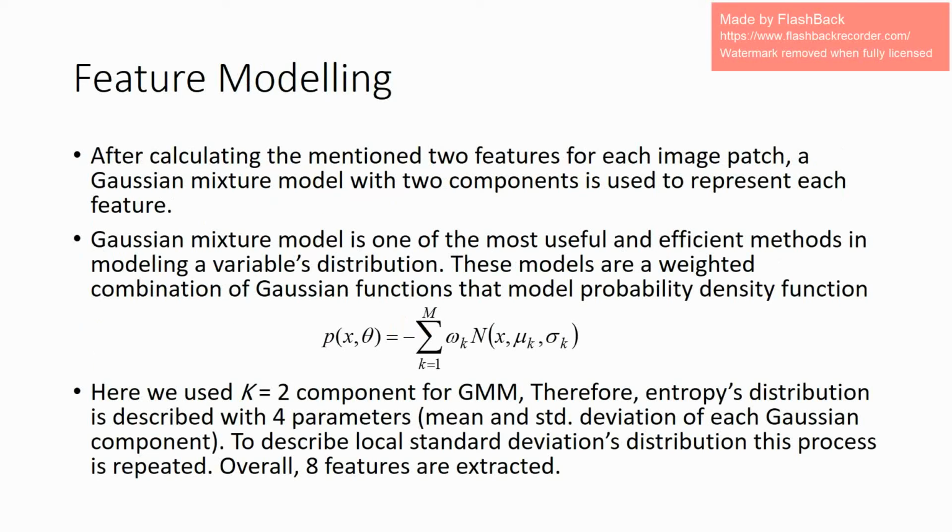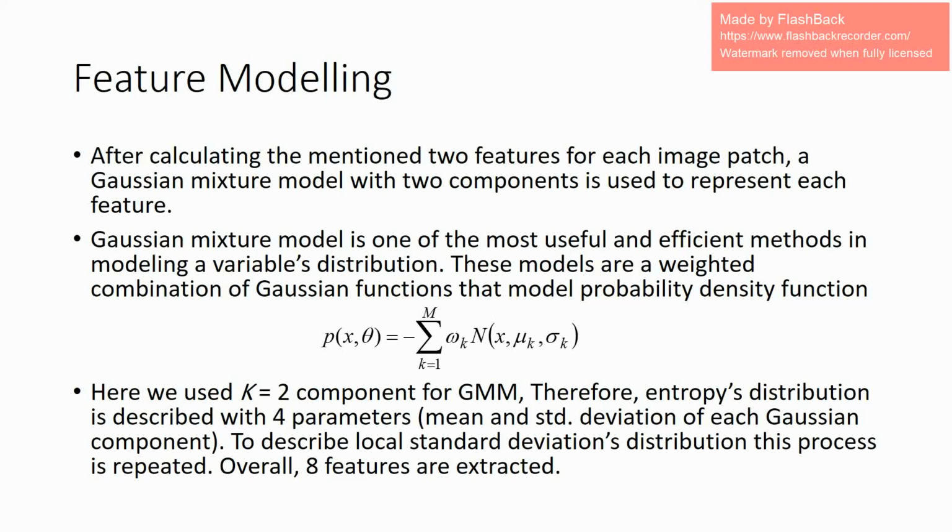After calculating the mentioned two features for each image patch, a Gaussian mixture model with two components is used to represent each feature. Gaussian mixture model is one of the most useful and efficient methods in modeling a variable's distribution. These models are a weighted combination of Gaussian functions that model the probability density function.